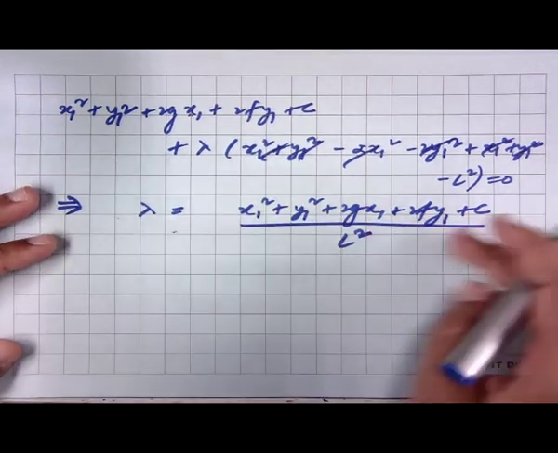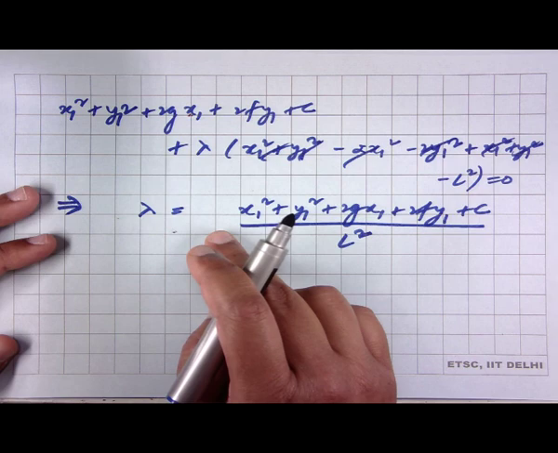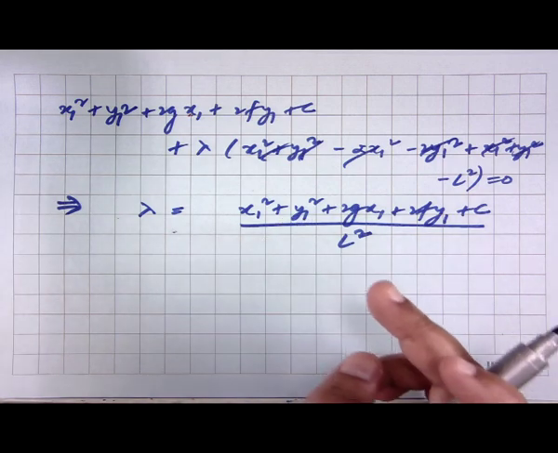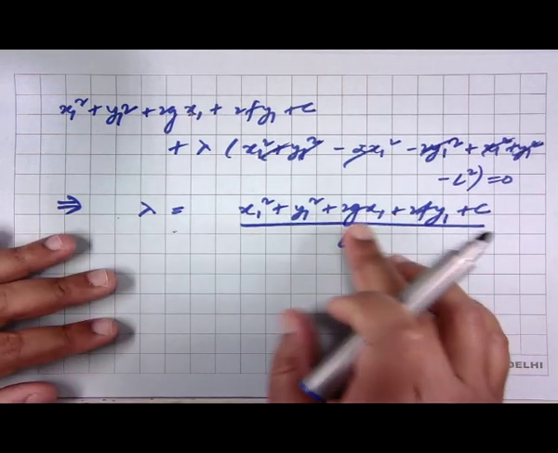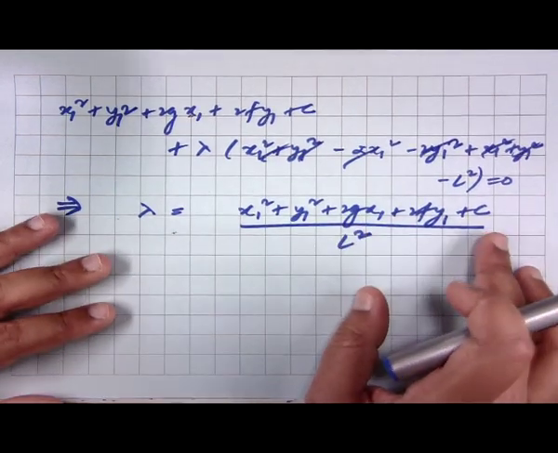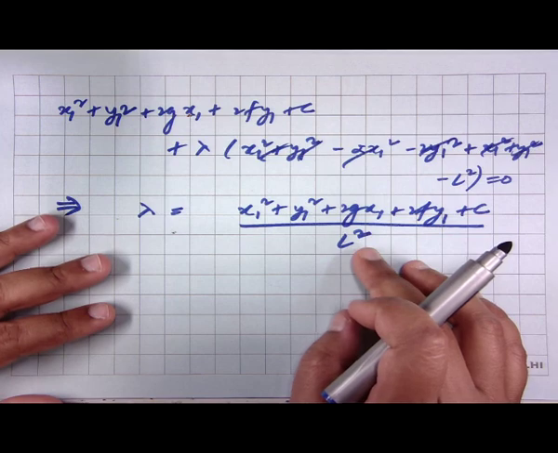So, therefore, we have found out the value of lambda, and then what we need to simply do is, because x1 y1 g f and c are known to us, they are given to us, L is also known to us.